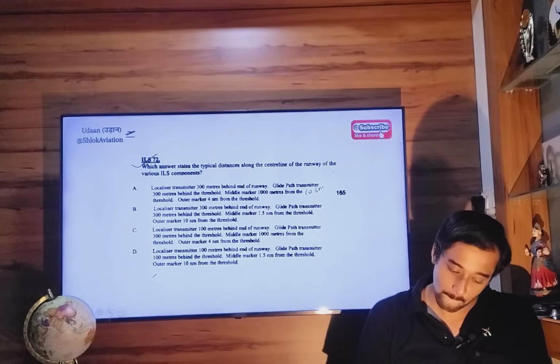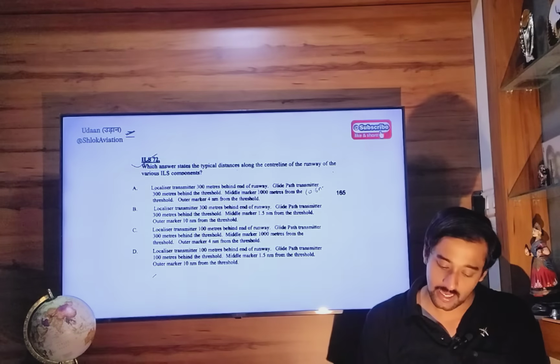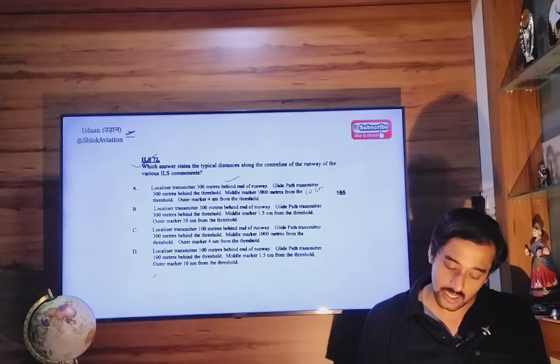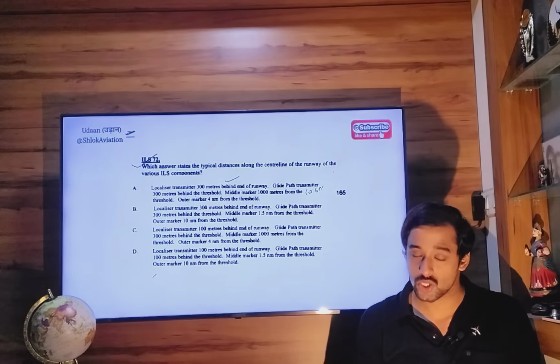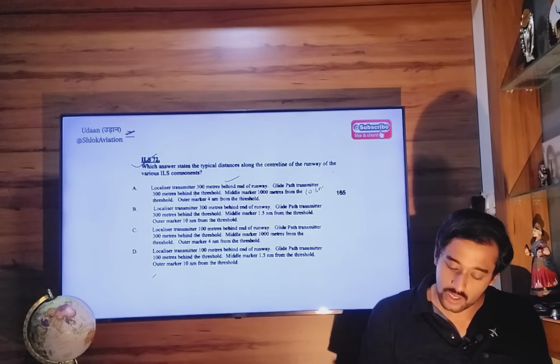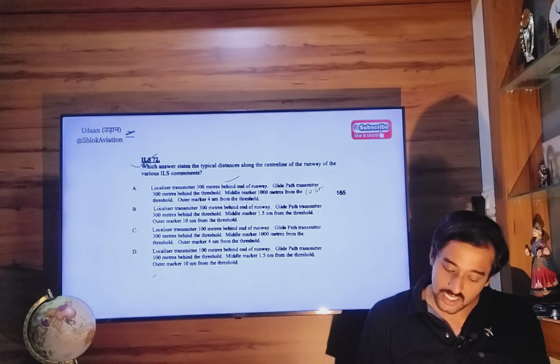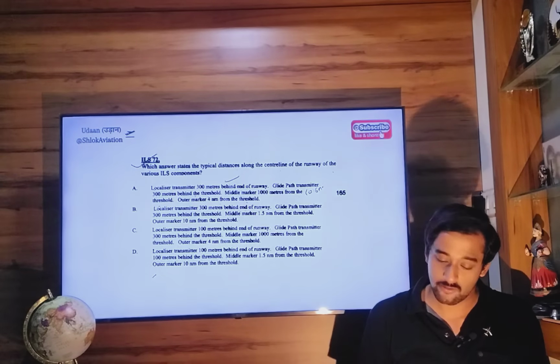So, option: localizer transmitter 300 meters behind the end of the runway, yes. Glide path transmitter 300 meters behind the threshold. Middle marker 1000 meters from the threshold. Outer marker 4 nautical miles. Next option: localizer transmitter 300 meters behind the runway.